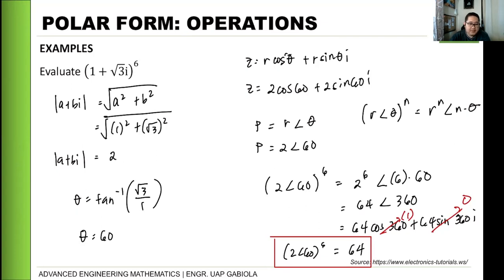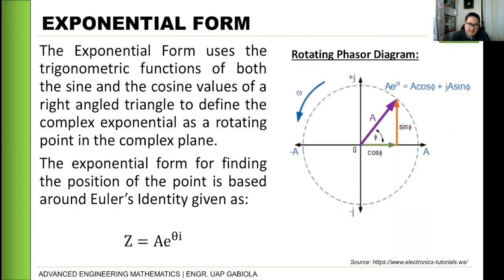So, now we go to our exponential form. Basically, it's also easy. From polar form, you just need to use this formula to change our complex number from polar form to exponential form.